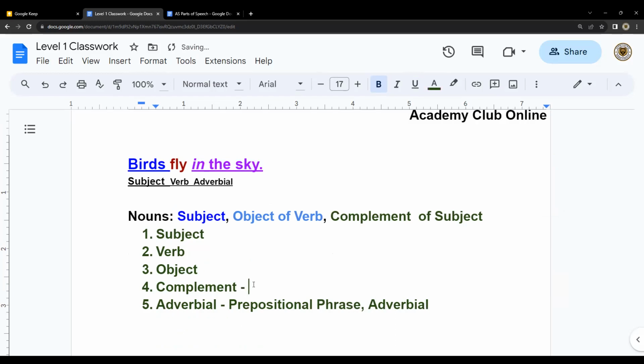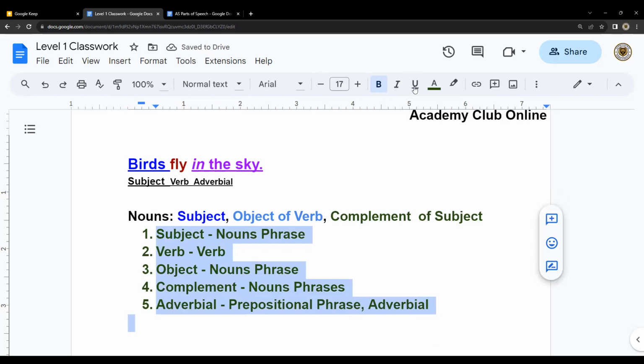Complement, como ya lo vimos, va a ser nouns. Objects, ¿qué creen? Nouns. Verb, of course, is the verb. And subject nouns.